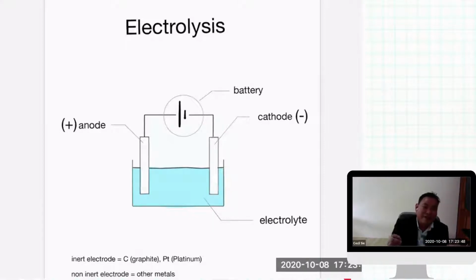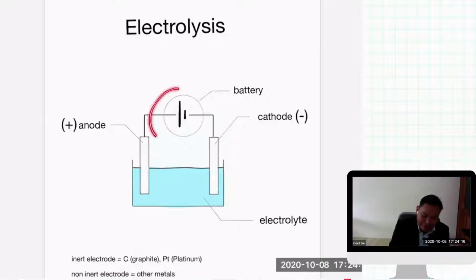Non-spontaneous reaction. It means it doesn't react by itself. You must do something to make the reaction work. Some reactions are spontaneous, like acid-base reaction, right? We have acid and base, they can react together, then they will form salt and water. That's an example of spontaneous reaction. Electrolysis is not. It doesn't react by itself.